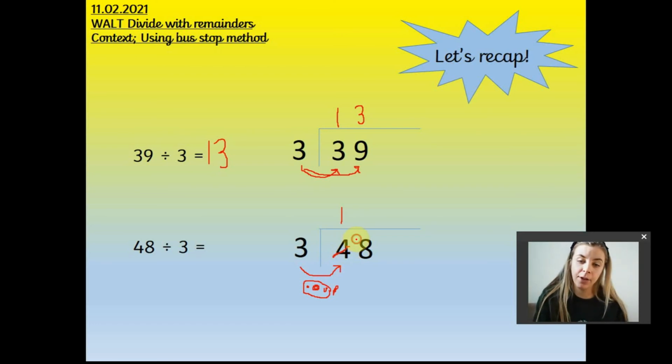And I'm going to carry that one over, obviously as a 10, to make that 18. Okay, so now I'm going to work out how many 3's go into 18. So let's do our 3 times table. 3, 6, 9, 12, 15, 18. Okay, so 6 3's go into 18. So 48 divided by 3 is 16.